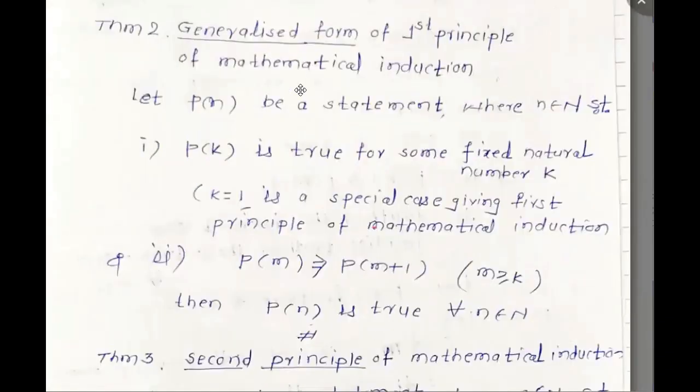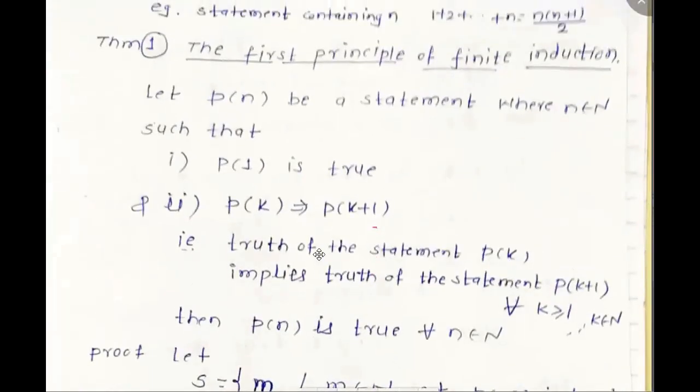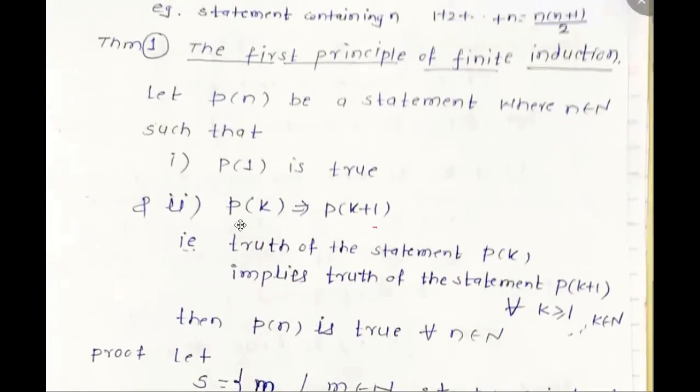All right. First we see the generalized form of the first principle of mathematical induction. This is the first principle of mathematical induction in which P of 1 is true, and if it is true for k, then it is also true for its successor. These are the two conditions in the first principle of finite induction.